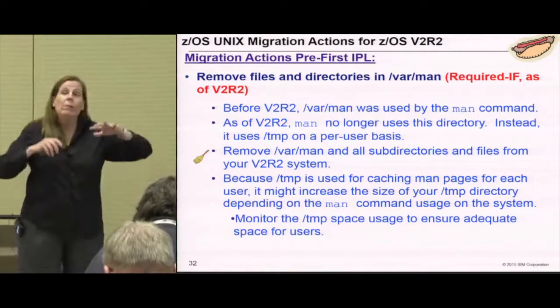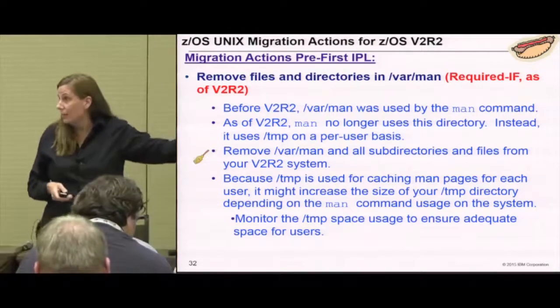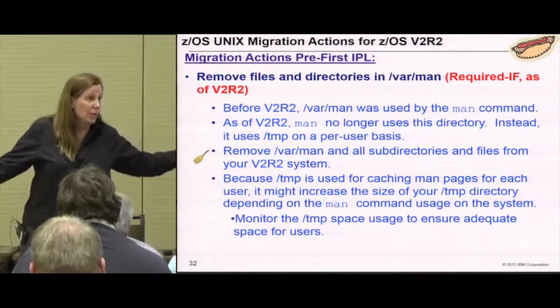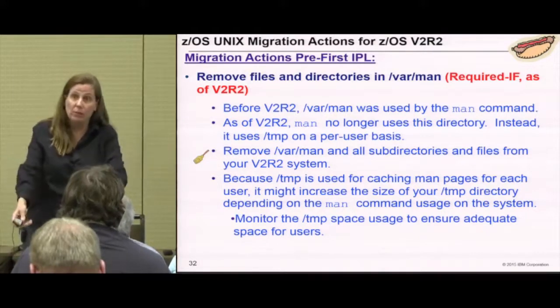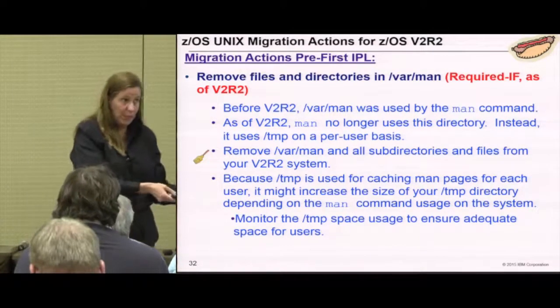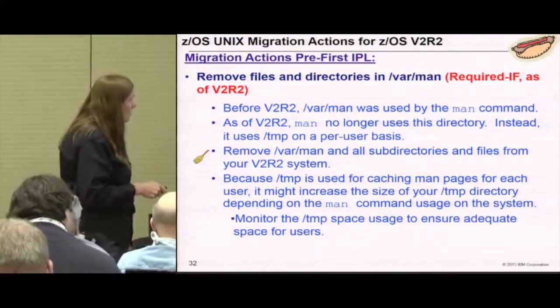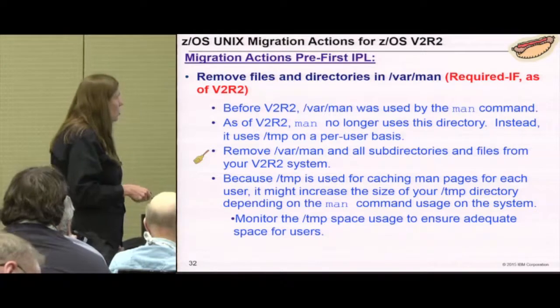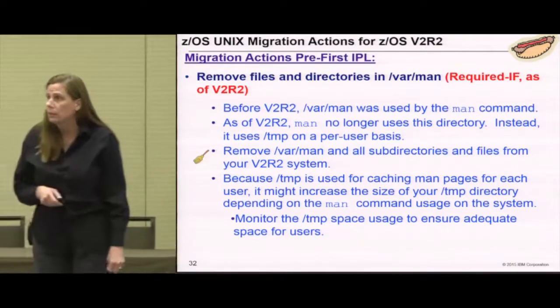But now we're going to use /tmp on a per-user basis. So this might mean that /tmp may or may not get large, depending on how many users you have that issue the man command. So monitor /tmp space usage and ensure adequate space for users so that they can use the man command.